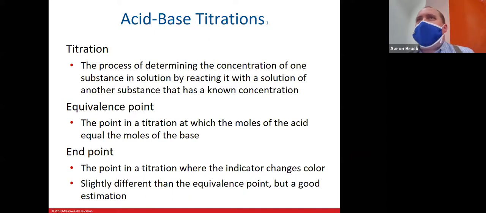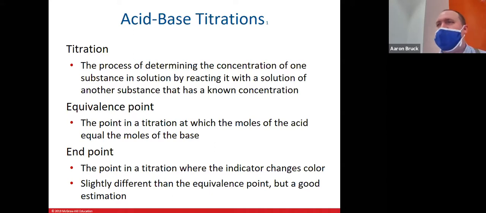Now, there are lots of different titrations that exist. Technically speaking, any reaction between two solutions can be solved using a titration and a titration equation if we are interested in looking at the concentration comparison of one of the reactants versus the other. Now, if we're trying to figure out how much product we made, a titration is not going to help us really with that.